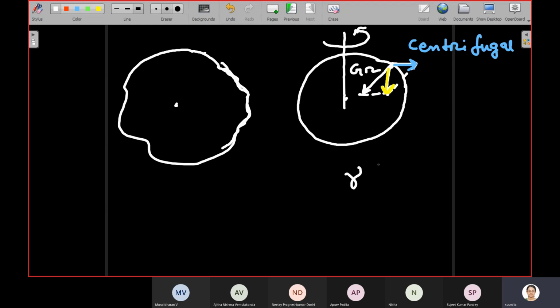So if gamma is the gravitational acceleration, and centrifugal acceleration will be, let's say this is the earth rotation rate, and R is the position of the particle at this point, right?